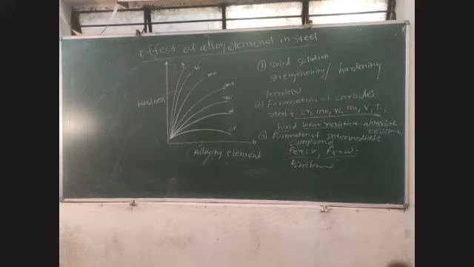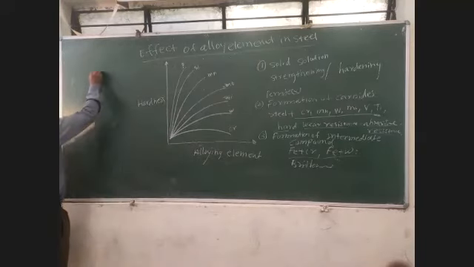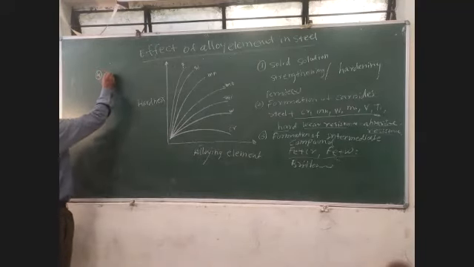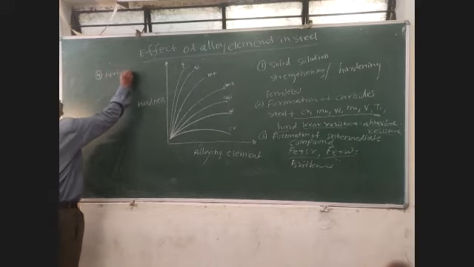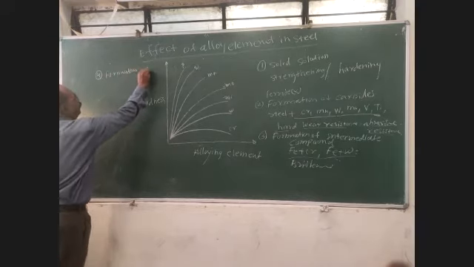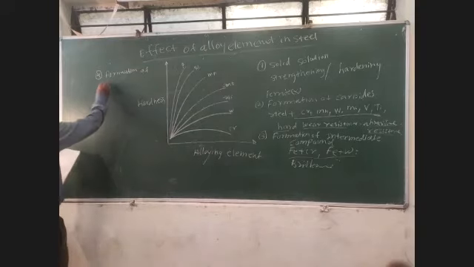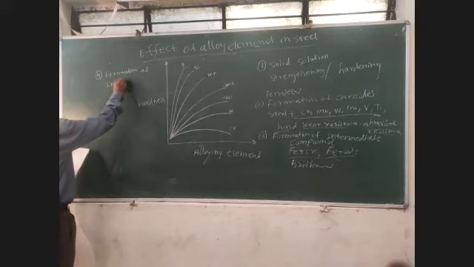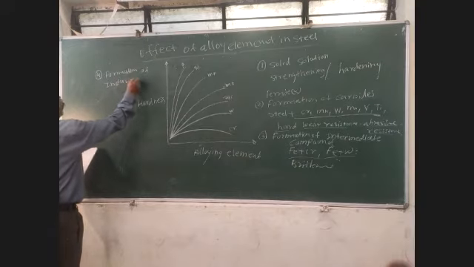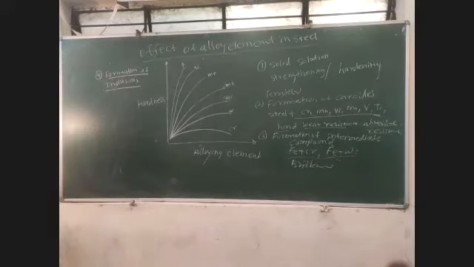Now next, fourth point, that is the formation of inclusions. Now this iron may combine with oxygen and form oxide when added to steel.